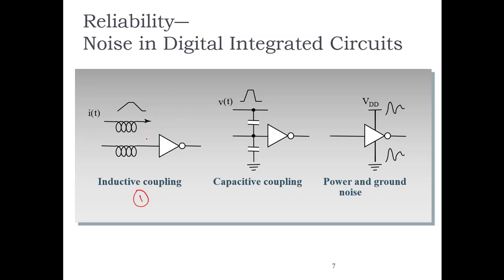So when there is a change in current, maybe the change induces some flux here, and maybe this is your circuit that is doing some useful work, so it will get disturbed. Then we have capacitive coupling. This is the second one. So we have a capacitor and a change in voltage occurs, and this capacitor can disturb, for example, this capacitor.